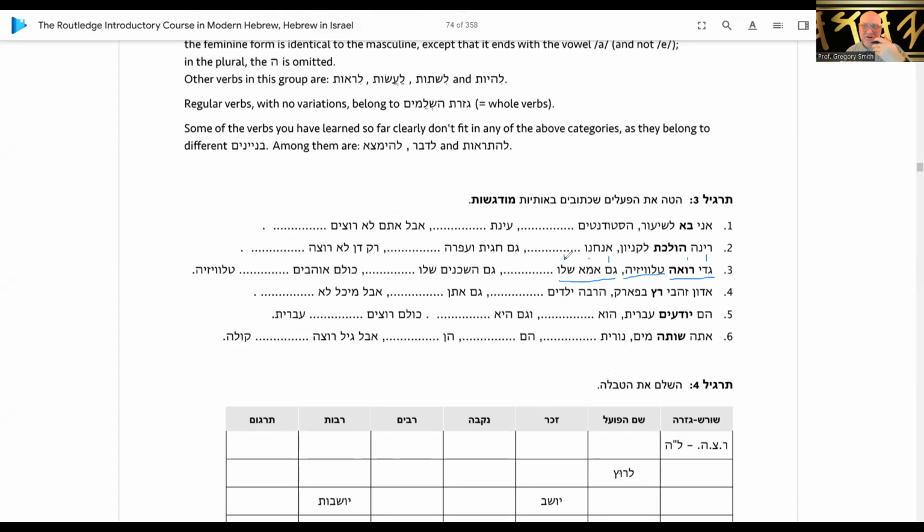So in other words, to see, if she's watching the television. It's the to see one. There it is. It comes from lirot, to see. So what we need for her is ro'ah, because we're talking about his mother.